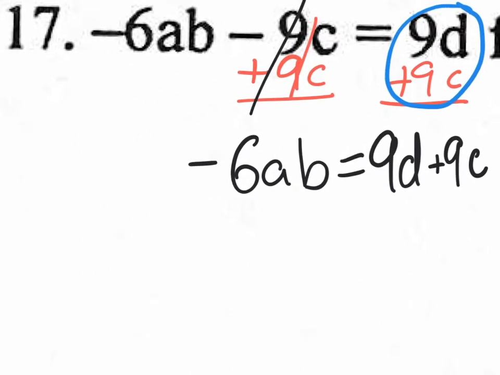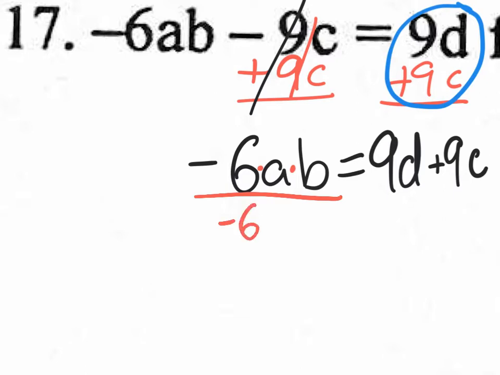So let's understand this. The left side currently says negative 6 times a times b. So you have a in the middle, and you're multiplying both by negative 6 and b, right? So if you want to get rid of the multiplication of negative 6 and the multiplication of b at the same exact time, let's just do the opposite of multiplying, which is dividing by those values that you want to get rid of.